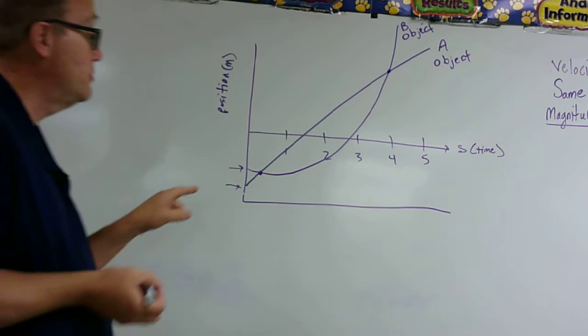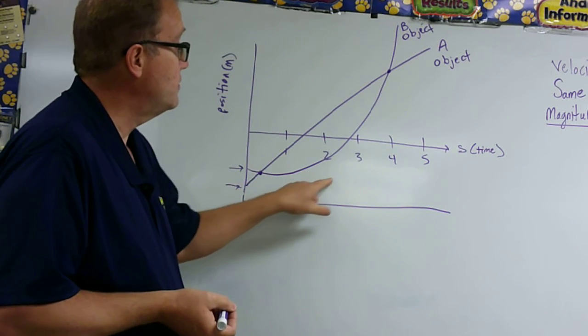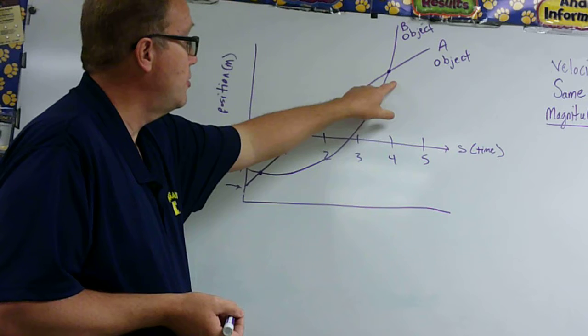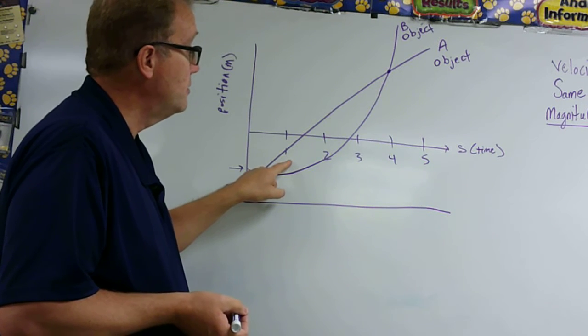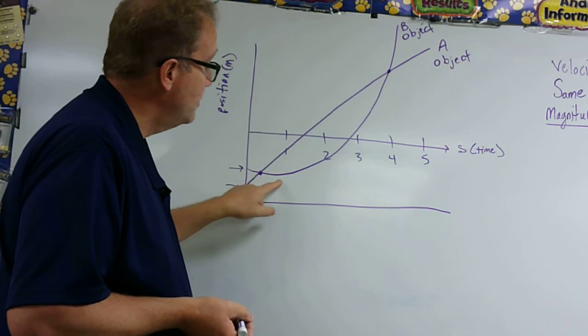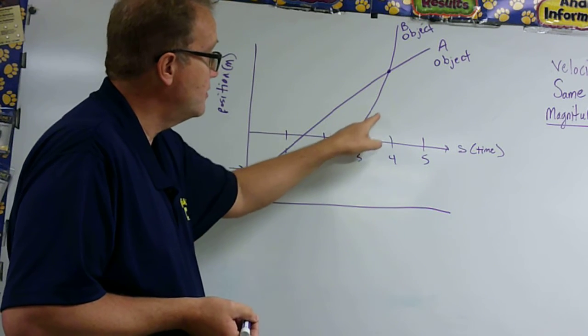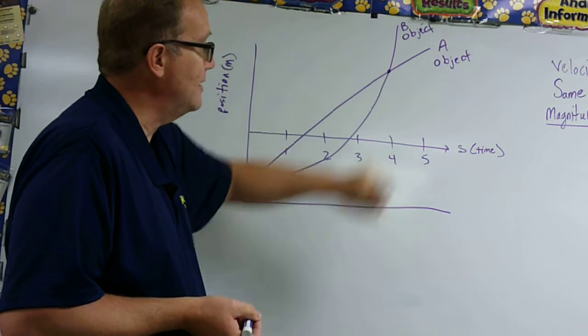Now, as you're going through this curve, you're going to notice that this one is traveling slower than this one here. But near the end, it's starting to pick up speed and overpassing it.